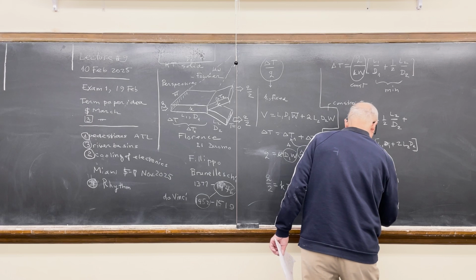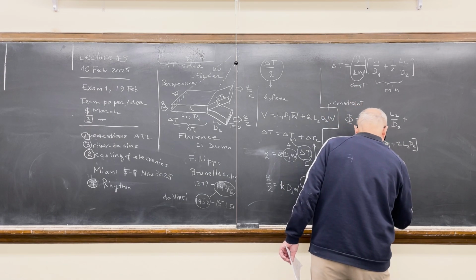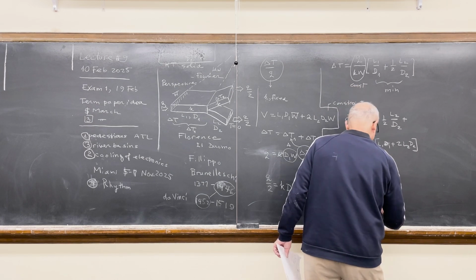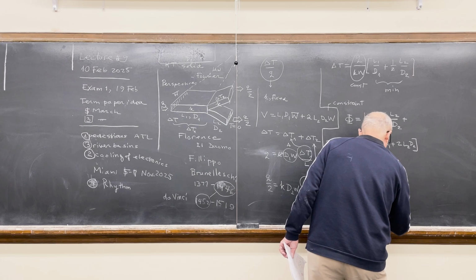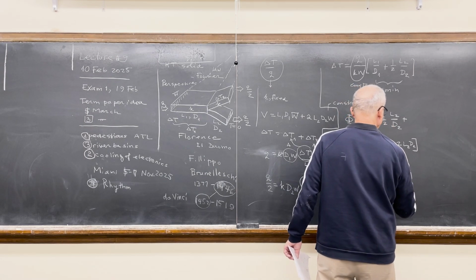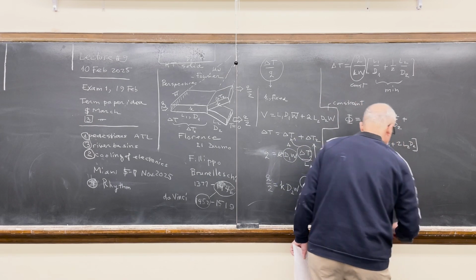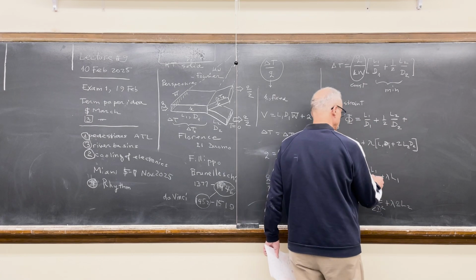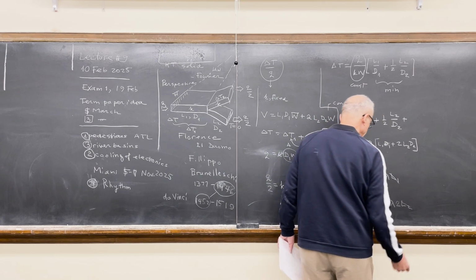And then from the second one, you have minus L2 over twice d2 squared plus lambda, and then 2 L2, in which, of course, L1 and L2 drop out.